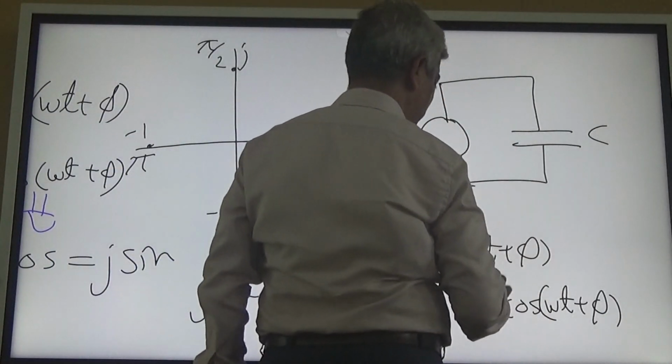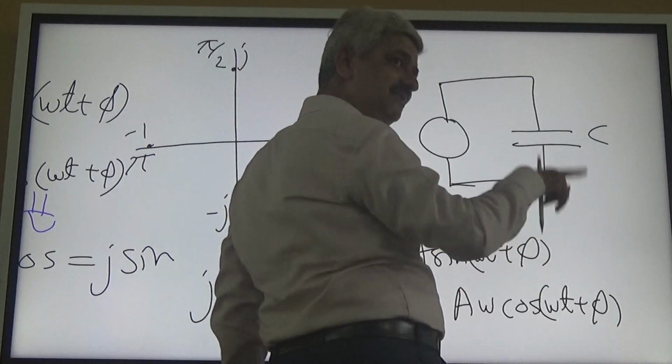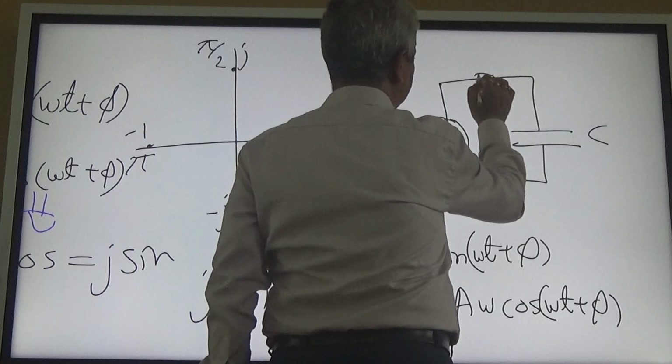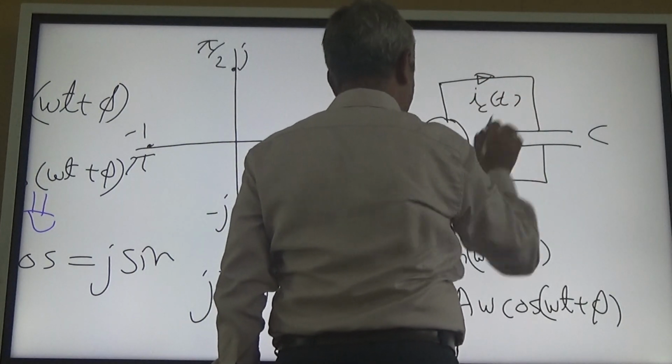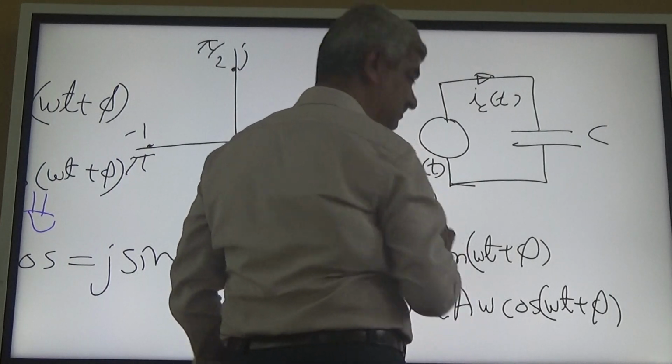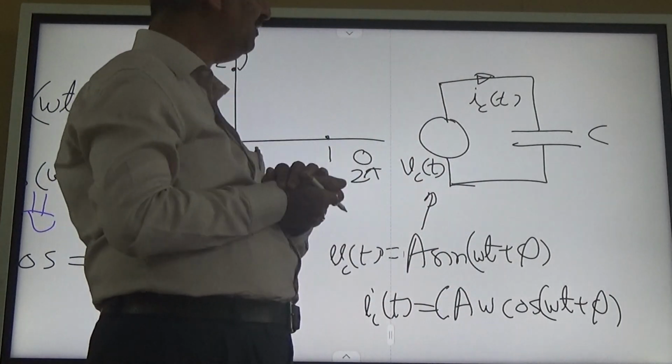So C dVc by dt, right? It is VC(t), it is IC(t). Is it okay?